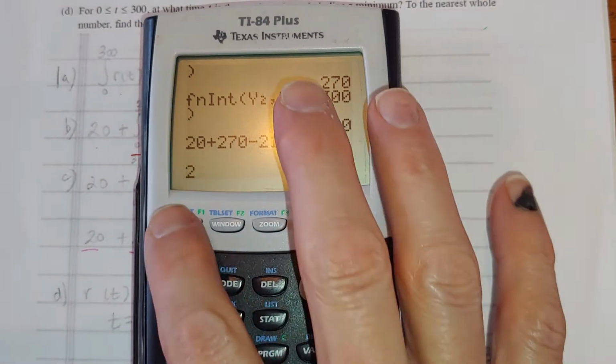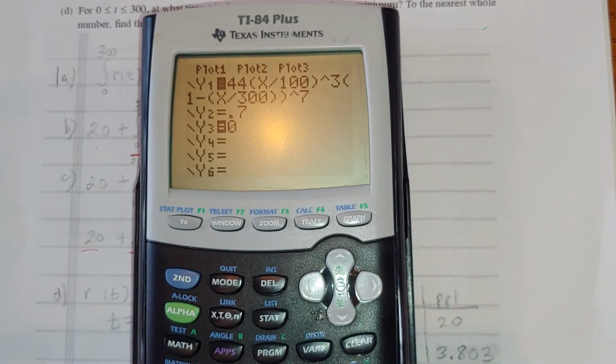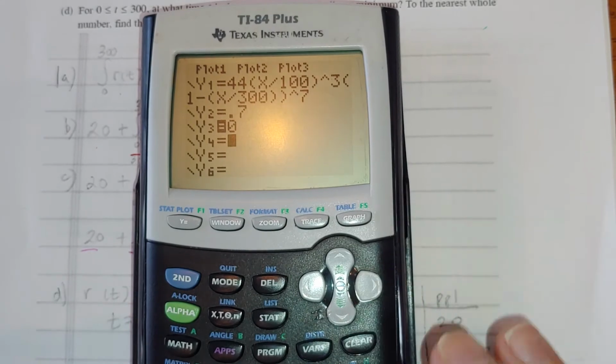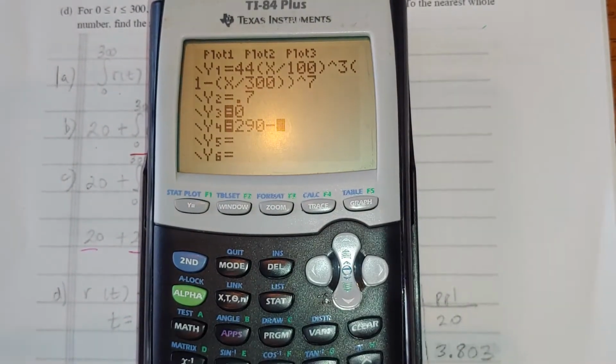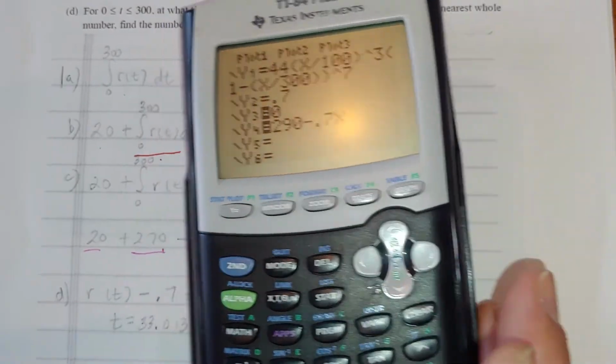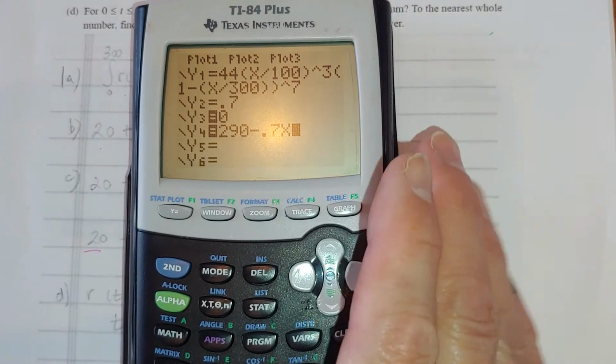So I have y2 equal to 290 minus 0.7x, and I'm going to turn off y1. And I'm going to figure out where that intersects.